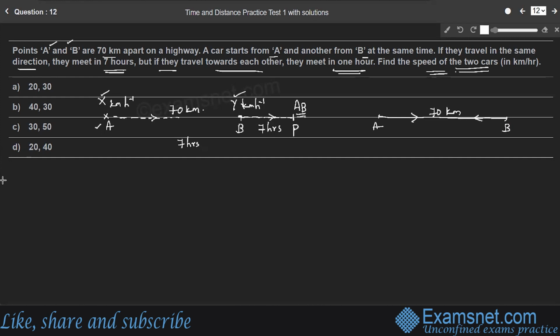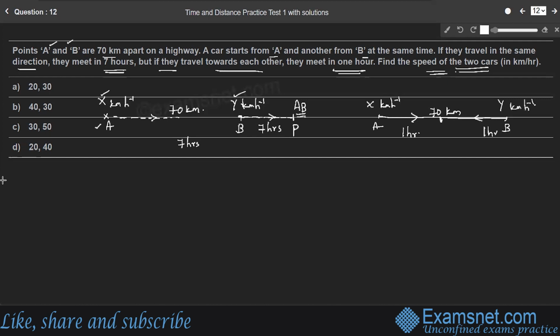Each car takes 1 hour to meet each other, and the distance between the two cars is 70 kilometers in the second case. Let their speeds be x kilometers per hour and y kilometers per hour respectively.